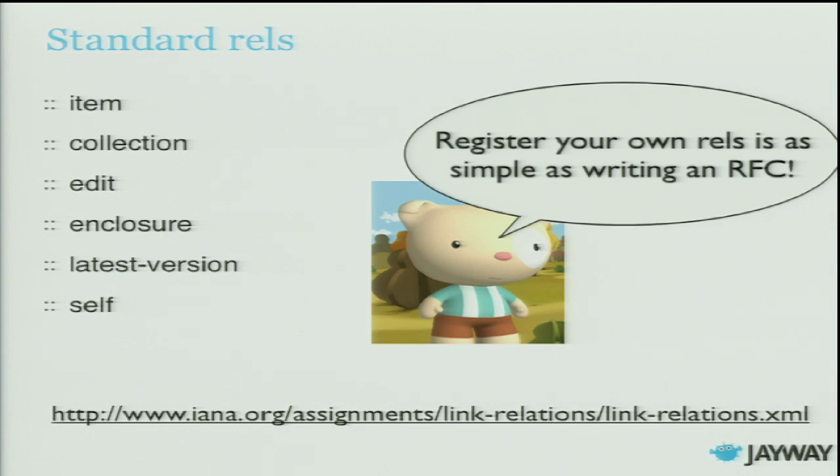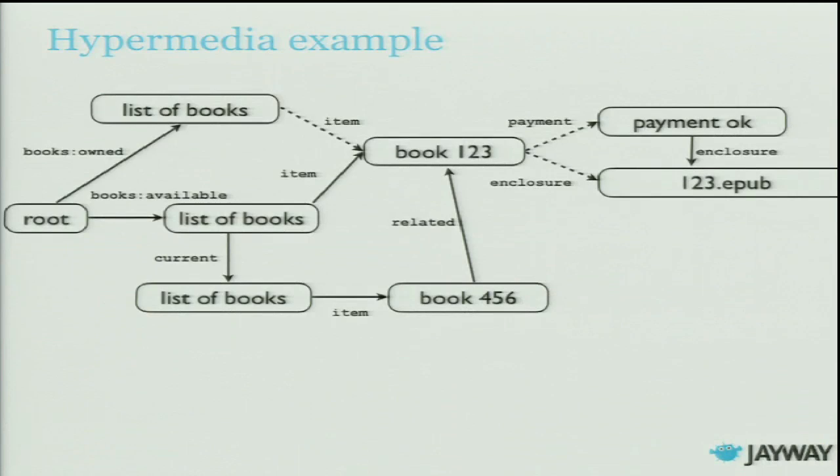Okay, so how does an application built at level 3 look? Well, it looks something like this. You have a number of resources, and a number of links between the resources. When the client accesses the root resource, because that's the documented resource that clients normally access first, the client gets a representation of the root resource and a number of links.